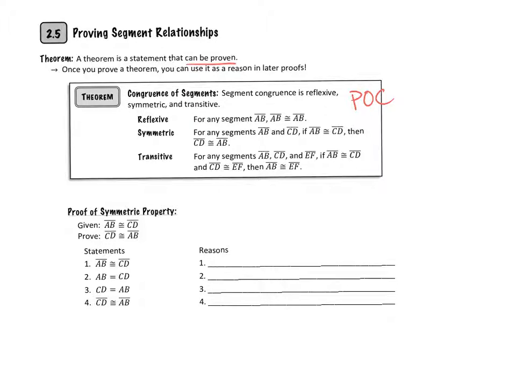We're going to give a proof of the symmetric property of congruence. We're given that segment AB is congruent to segment CD, so my reason for statement 1 is given. Then to say that the length of AB equals the length of CD, that is the definition of congruence.